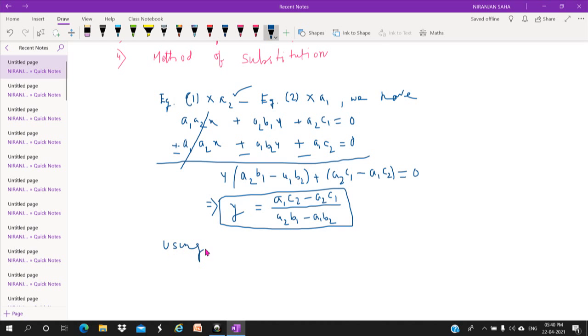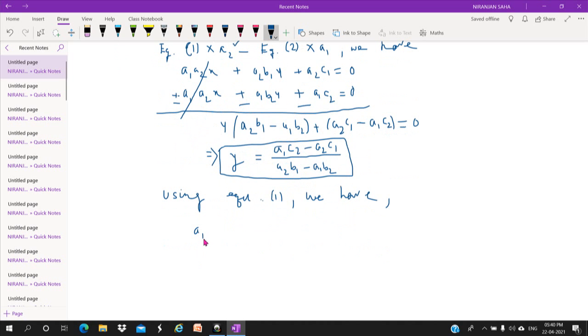Using equation 1, we have a1 x plus b1 y. So we put the value of y: b1 multiplied by (a1 c2 minus a2 c1) divided by (a2 b1 minus a1 b2), plus c1 is equal to 0.